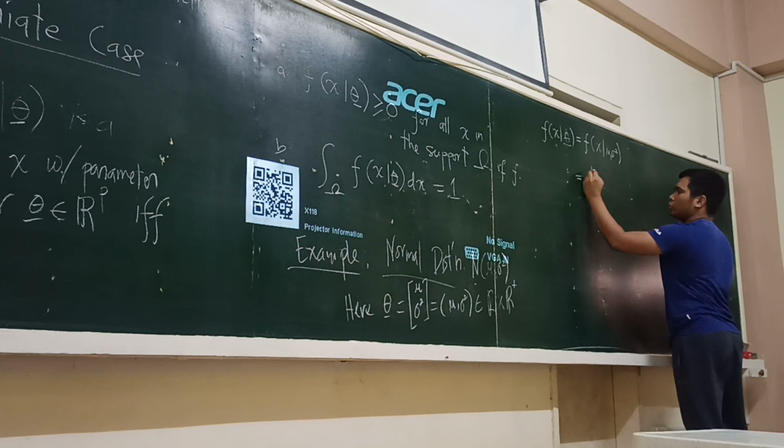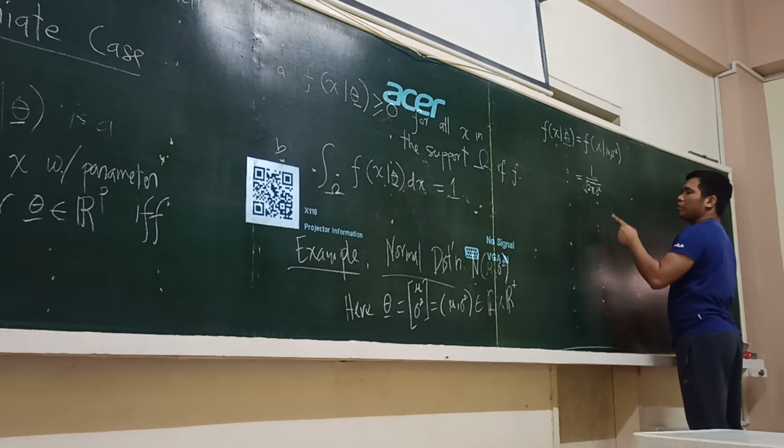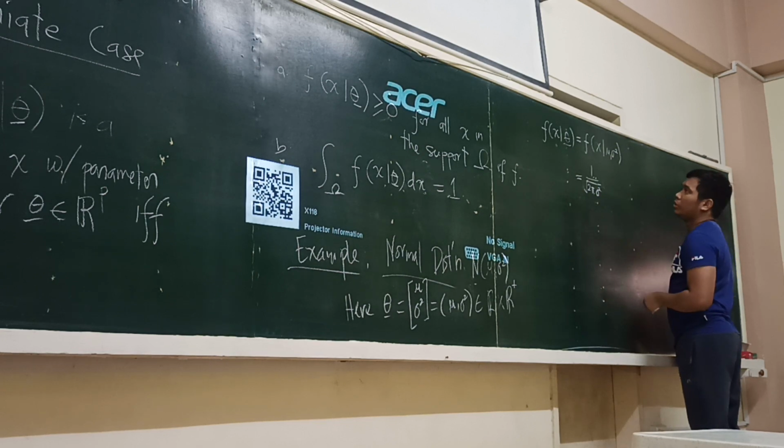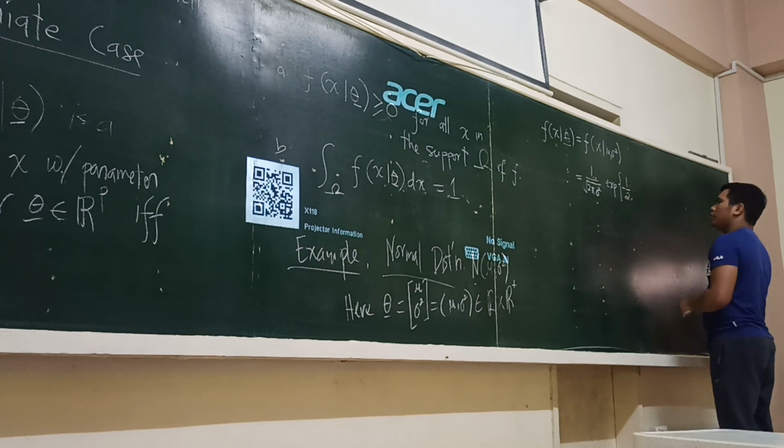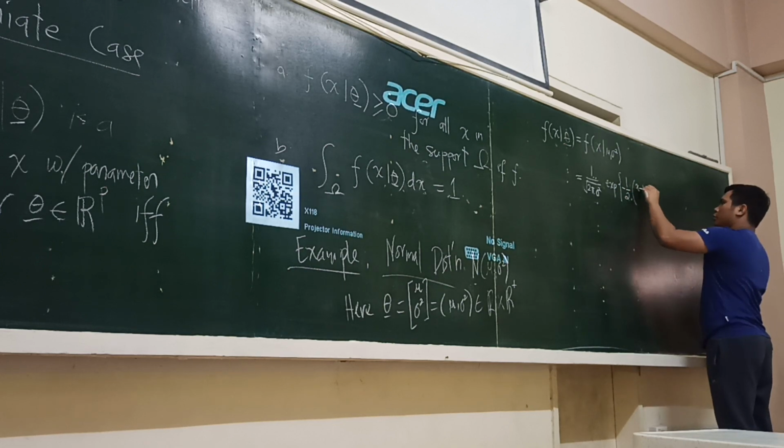Or we can take sigma out, so it is just sigma, since sigma is positive, and the 2 disappears. And exp, or e to the power of negative 1/2 times (x minus mu over sigma) squared.